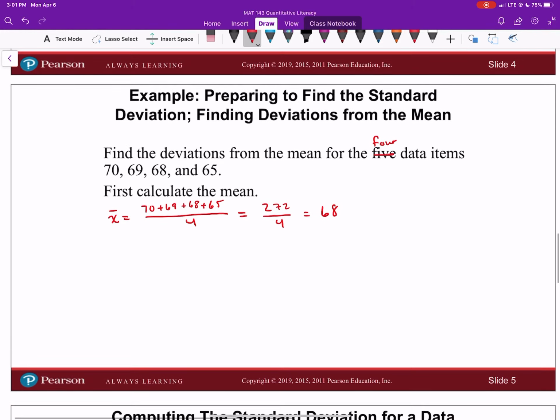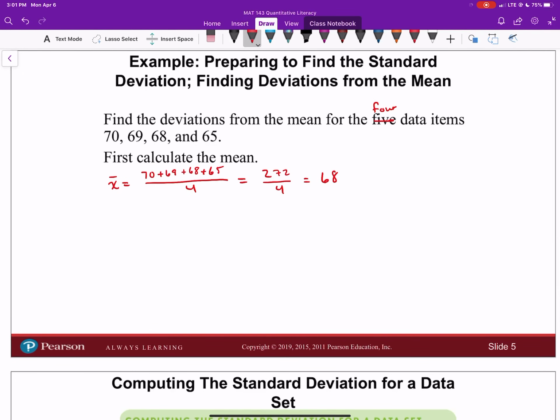Now, let's look at something. When you're looking at deviations from the mean, I'm just going ahead and writing these out. I have 70, 69, 68, and 65. Let me draw a little table.